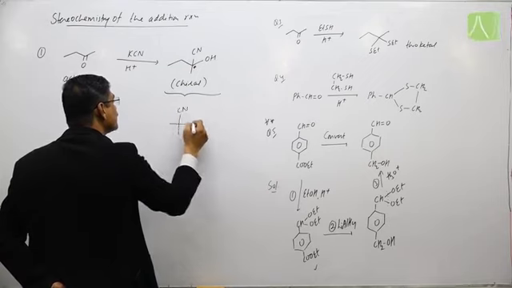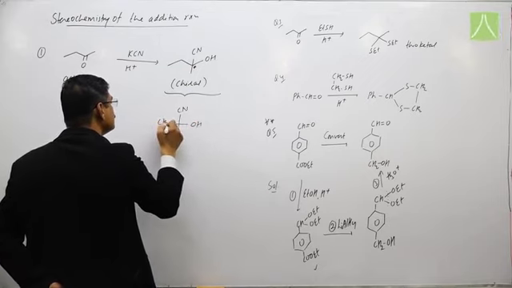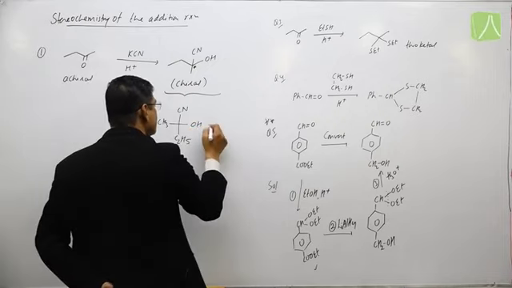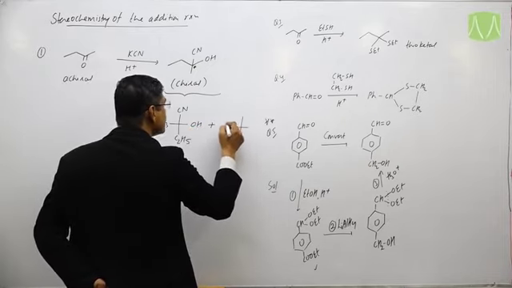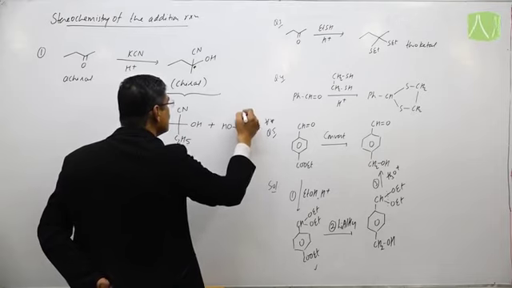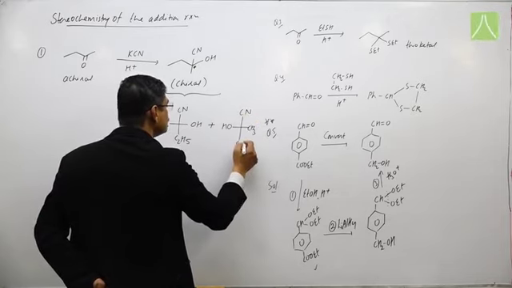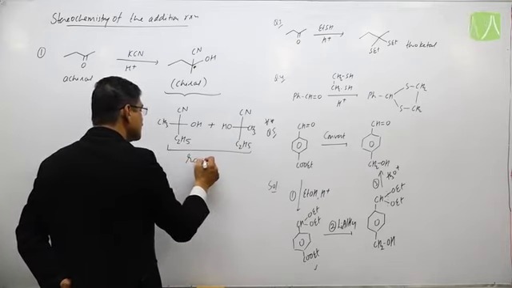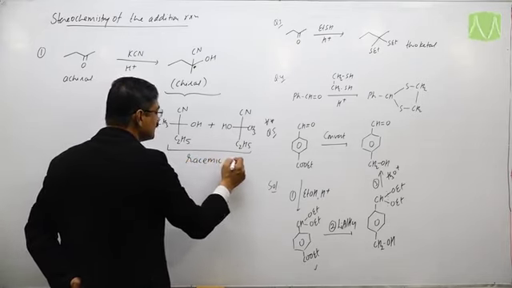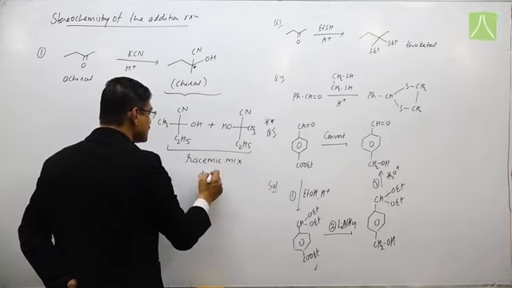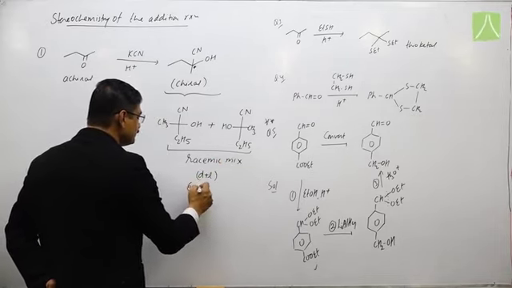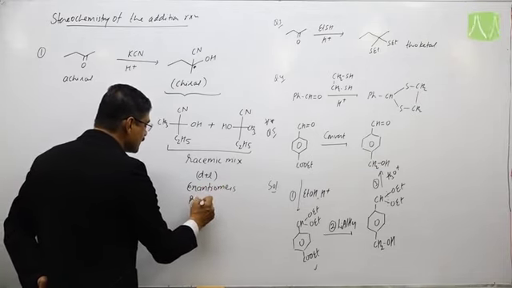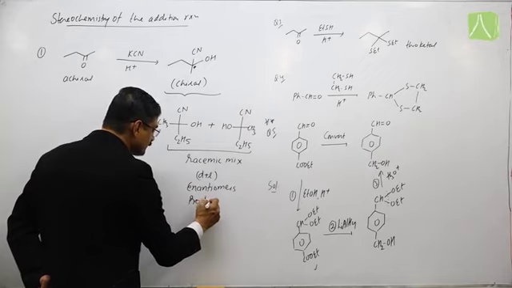In the first product, suppose the OH group is on the right side, then in the second the OH group is on the left side. Both are enantiomers of each other. So the product is a racemic mixture, a D plus L mixture, a pair of enantiomers. So in this case, the total products are 2.